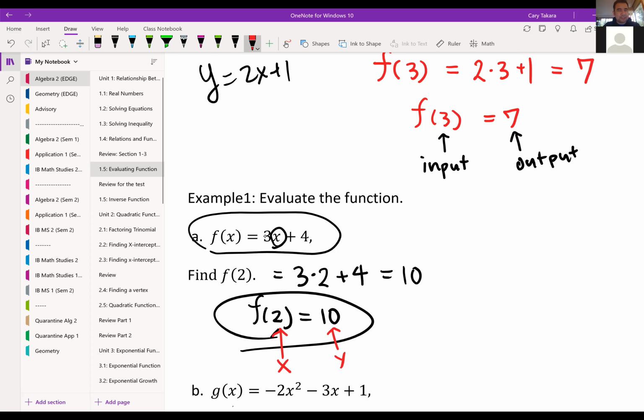You get that? Again, input is the x value, output is the y value. That's right, it will be (2, 10) on the graph. That's right, very good.